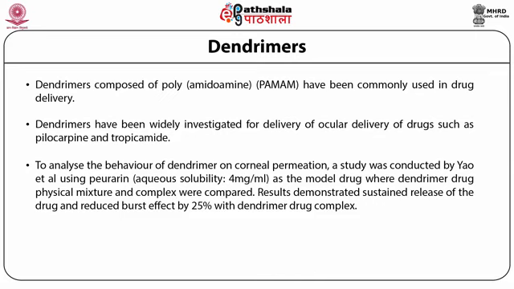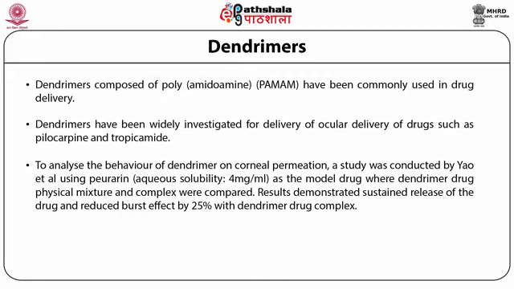Using p-uranin with the aqueous solubility of 4 mg per ml as the model drug, where the dendrimer drug physical mixture and complex were compared. The results demonstrated sustained release of the drug with reduced burst effect by 25% with the dendrimer drug complex.